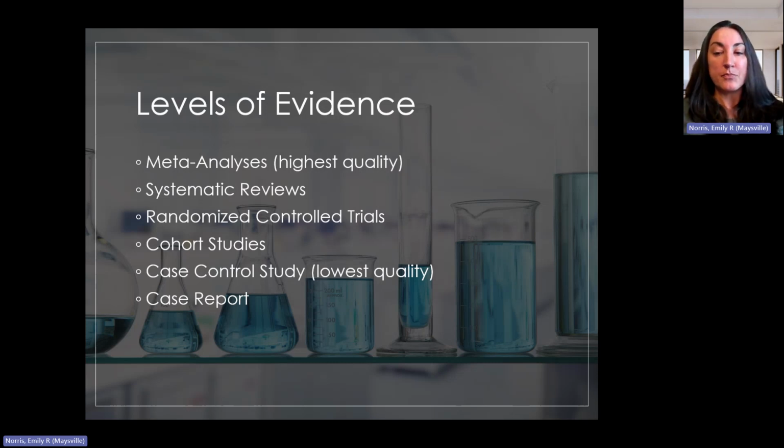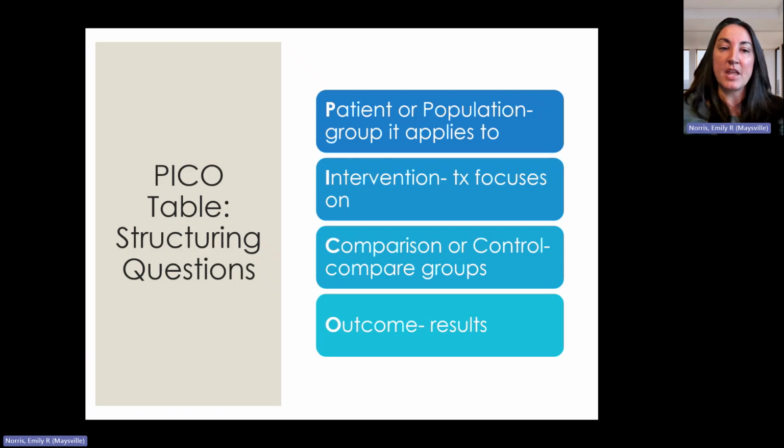So when you're reading evidence and you're saying, oh, well, this worked for this one patient really well, if it's just one patient, can we really say that means I need to start using it with every patient? So understanding what you're reading and how reliable and helpful it is, is important in using evidence-based practice.